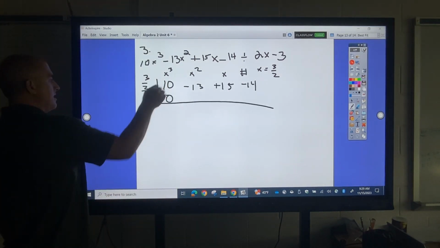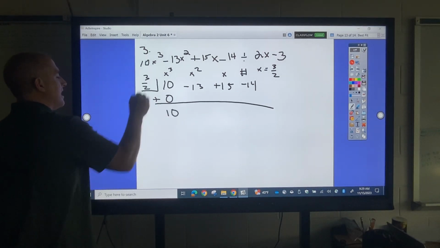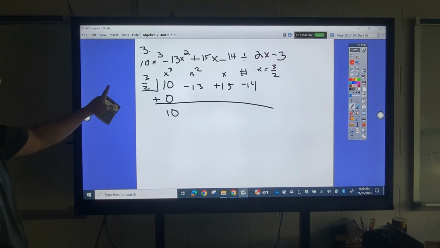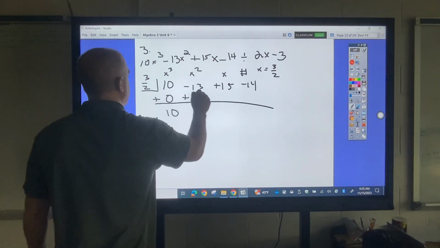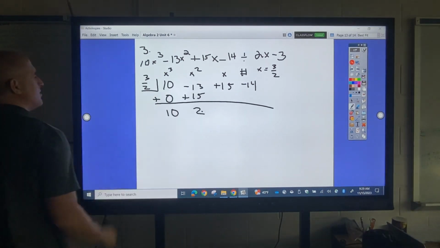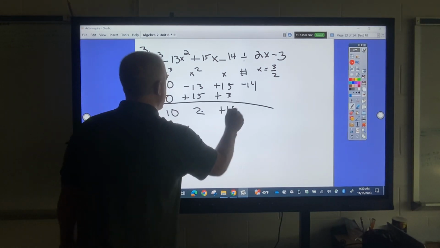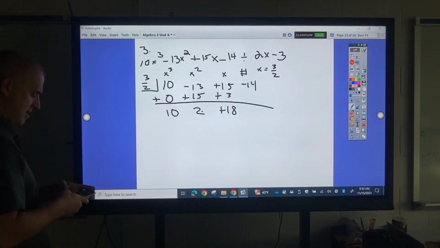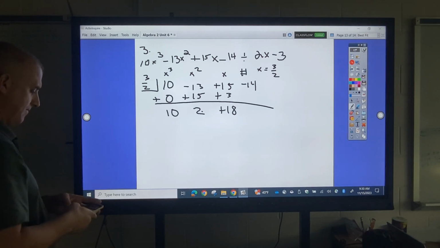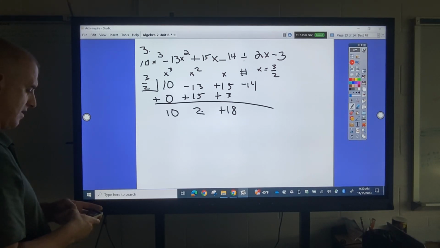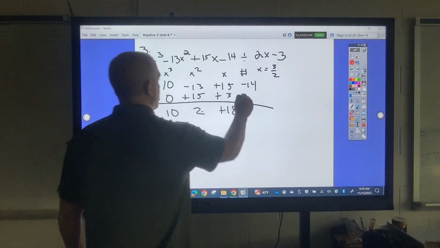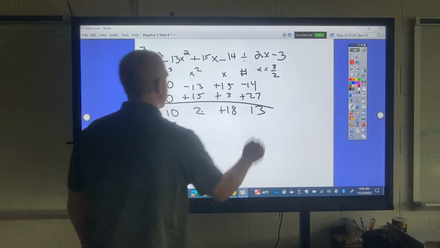All right, 10 plus 0 would be 10. 10 times 3 halves, so 10 times 3 is 30, divided by 2 would be 15. 2. 2 times 3 is 6, divided by 3 would be 3. That's going to be 18. 18 times 3 is 54, divided by 2 would be 27, and that would be 13, okay?